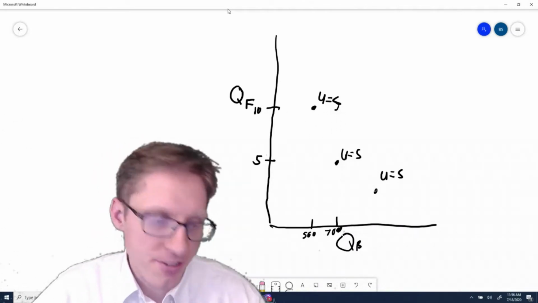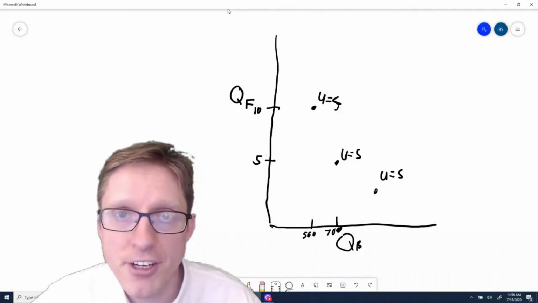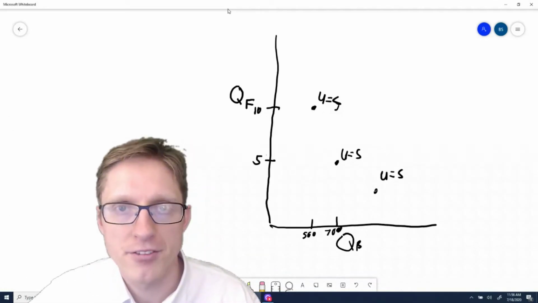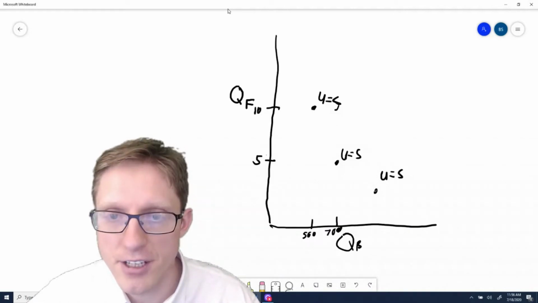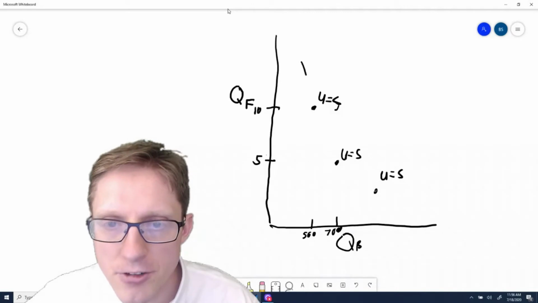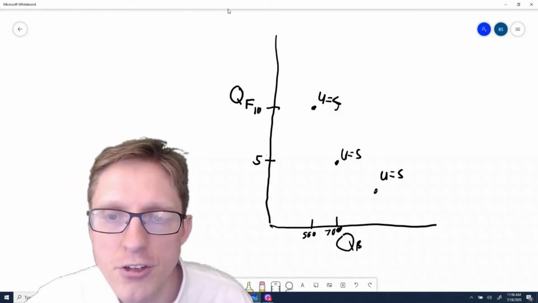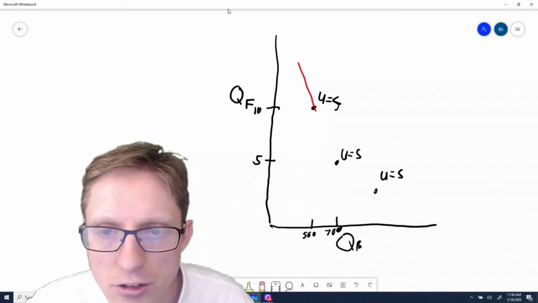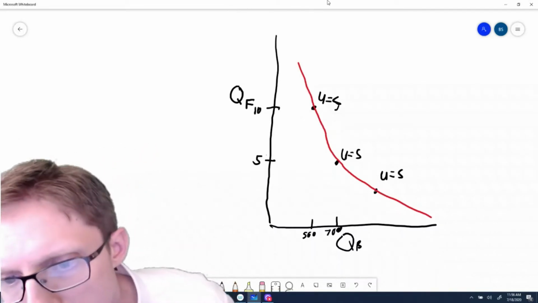Now, because we assume that demand is continuous, there's actually going to be an infinite number of points that provide exactly the same level of utility of 5. And I'm going to try, actually let me use a different color, to draw an indifference curve through those points.